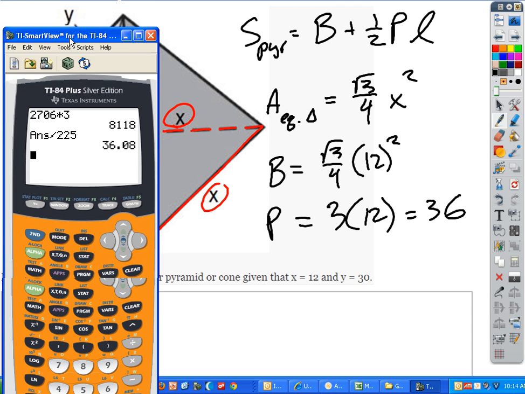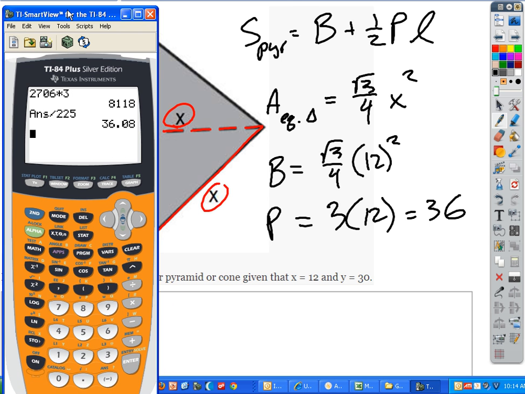So B is, we said, the square root of 3, divide by 4, times 12 squared. Okay, so there's the number that goes with B. The perimeter we said was 36, so we can go ahead and add this up now.